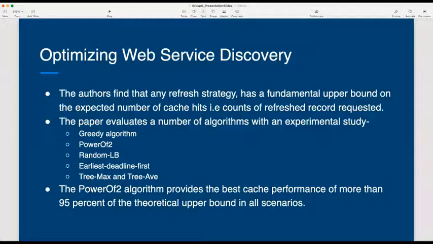So the essential function of the proposed approach is to keep on refreshing cached objects like a weighted periodic scheduling problem. The paper proves a fundamental upper bound on the expected number of cache hits, that is, the number of times a refreshed record was requested, that can be achieved by any refresh strategy.